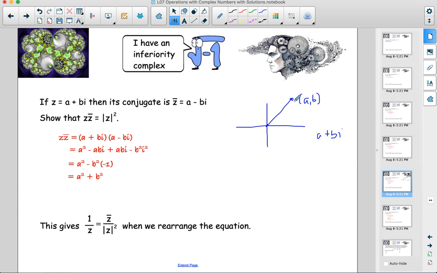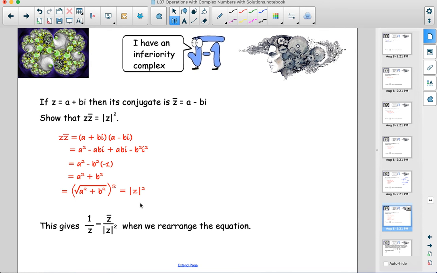We said from the Pythagorean theorem that the modulus of z would be the square root of a squared plus b squared. And now the modulus of z all squared would simply be a squared plus b squared, which is what we have there. So down to there.